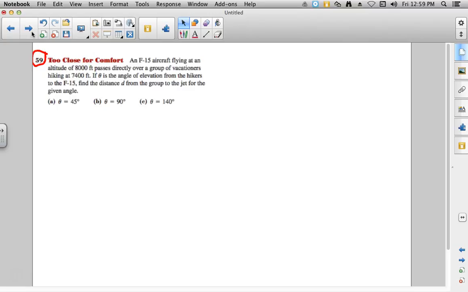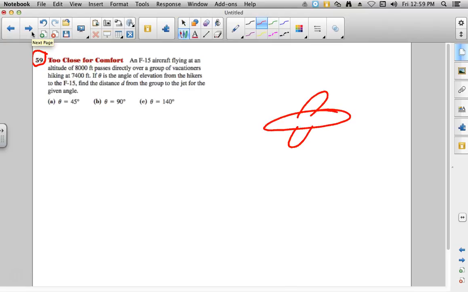Number 59, an F-15 aircraft. There, see, there's my best plane right there. At an altitude of 8,000 feet. Flies directly over a group of vacationers. And the vacationers are at an altitude of 7,400 feet.